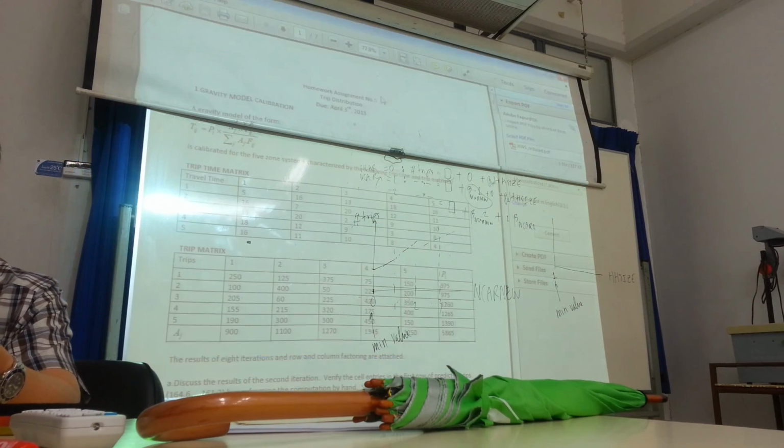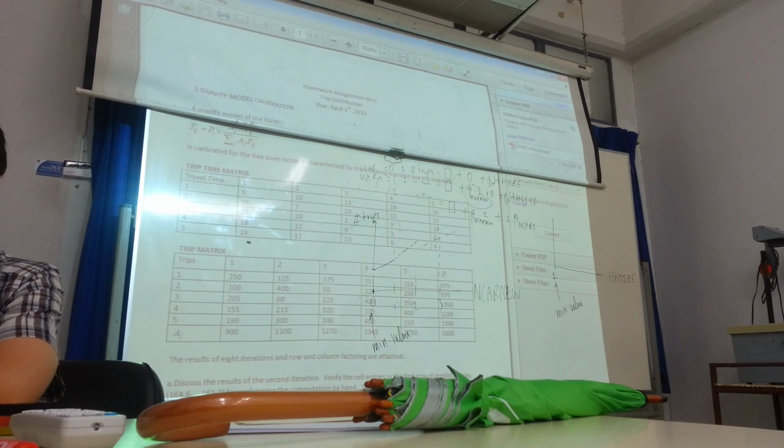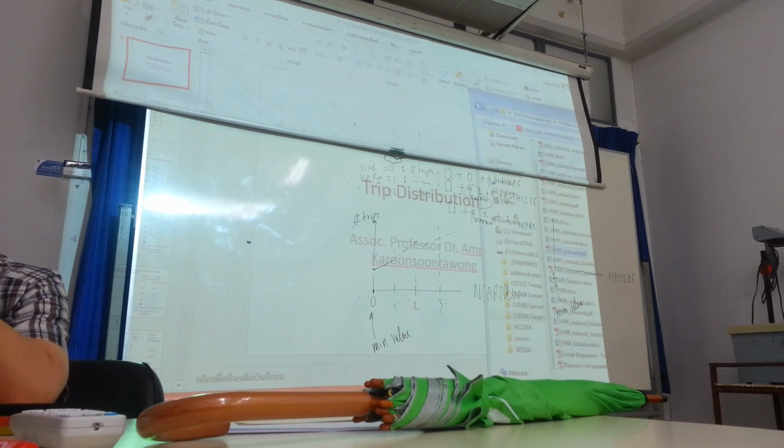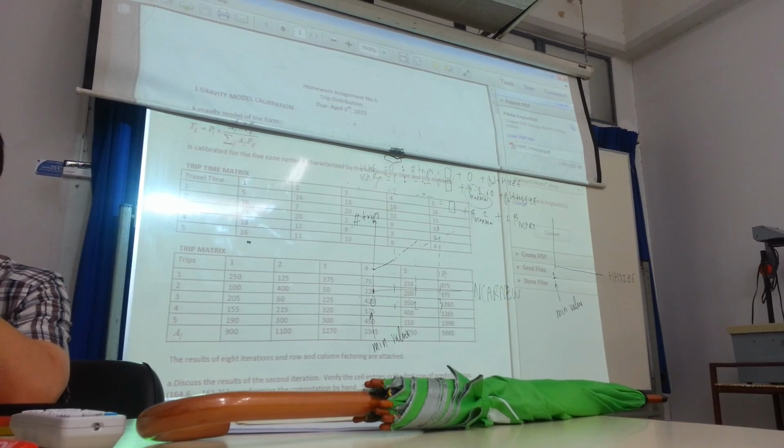So let's see homework 5. There are 7 pages. Last time I went through this quickly. Now I will repeat this again, based on the assignment.